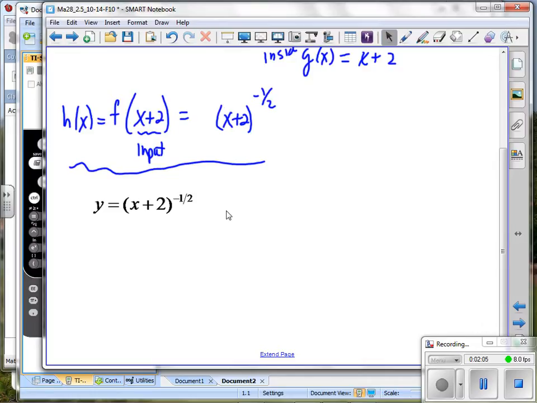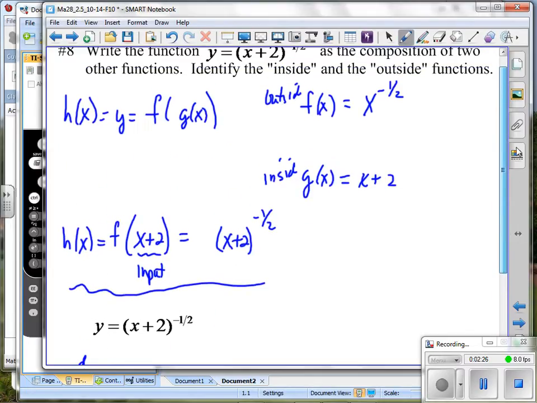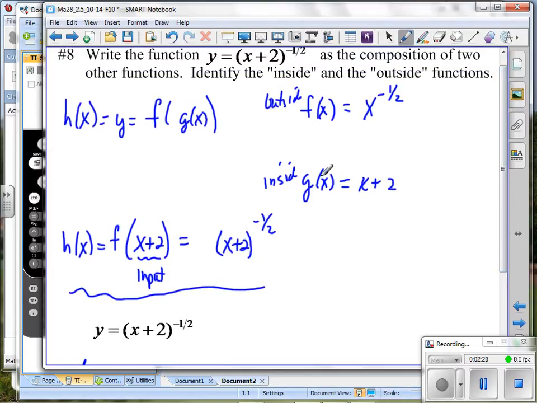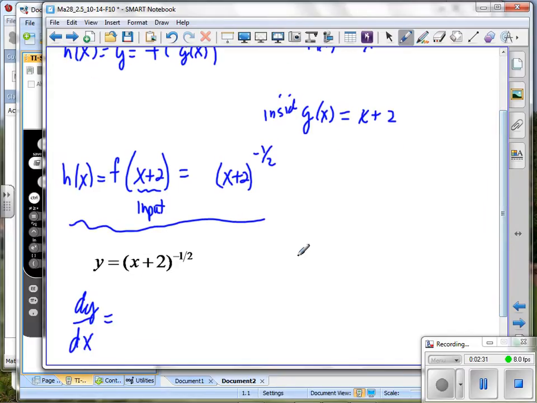So that means I'm looking at dy dx, the derivative of my output with respect to my input. And remember now, the derivative of this, we can do it a couple of ways. One is, if I know what g of x is, can I find g prime of x? If I know g of x is x plus 2, the derivative of that is just simply 1.